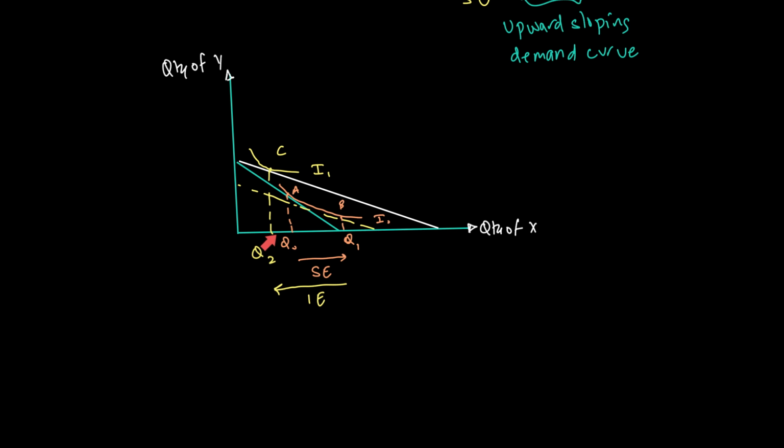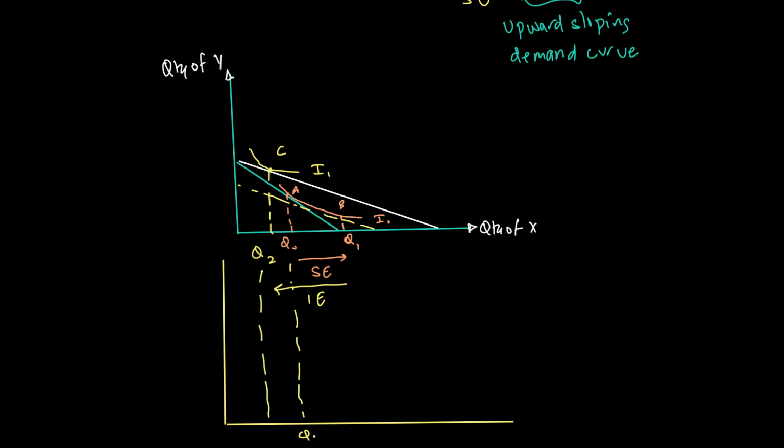From Q1 I went to Q2, which was my income effect, and because my new quantity is Q2, which is less than Q0, when I draw my demand curve below, we will see that the ultimate quantity that the consumer buys when the price of a good goes down was from Q0, he went to Q2, which means when the price goes down from, for example, P0 to P1, you will see the quantity actually go down, because a fall in price is leading to a fall in quantity, and therefore we have what we call an upward sloping demand curve.